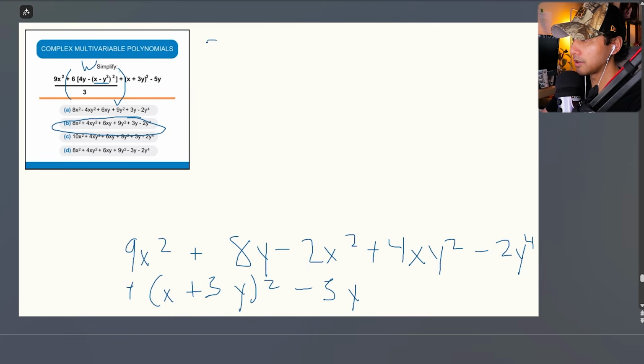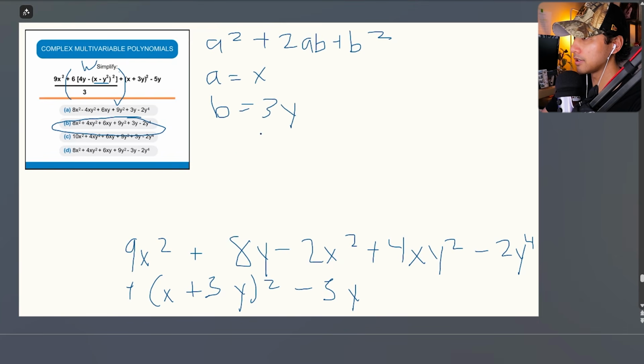So a squared plus 2ab plus b squared, where a equals x, b equals 3y.